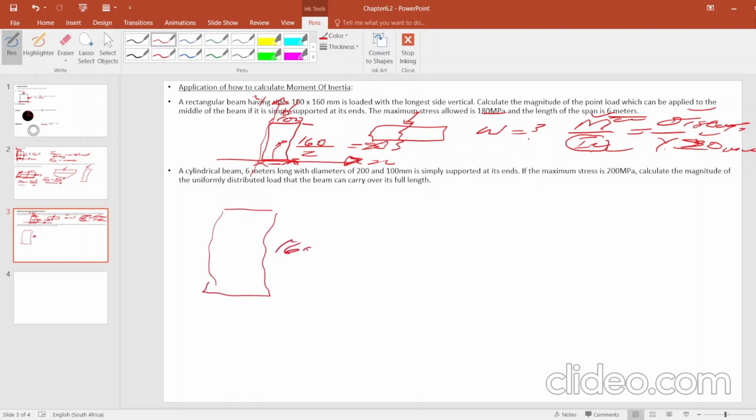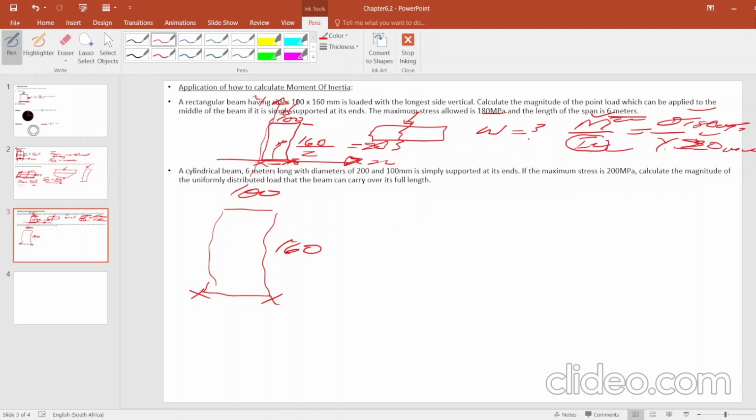We are having 160, we are having 100. Then let's convert them to meters. It will be 0.1, then this one, it will be 0.16, okay? Then we are calculating for Ixx.